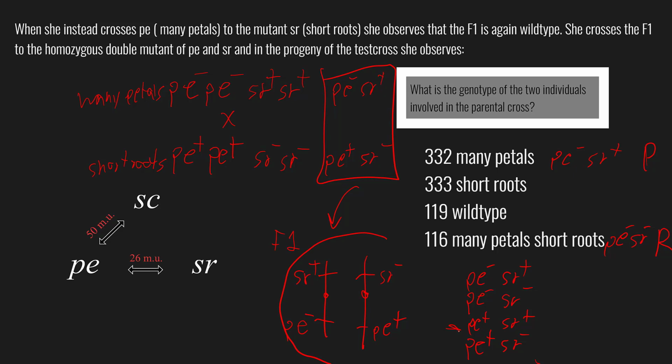Then we have PE plus SR plus. That is going to be a full wild type individual. This is going to be PE plus SR plus, and that is a recombinant as well. Okay, and finally we have the other parental, which is PE plus SR minus, and that is going to be a parental as well. So now we have a higher frequency of the parentals and a lower frequency of recombinants.